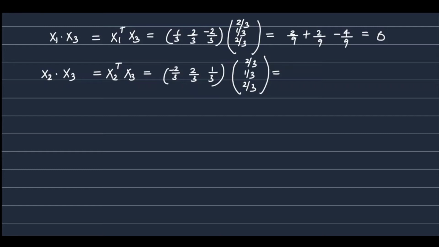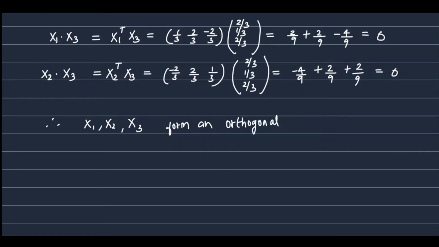Again, when we do the multiplication, we get minus 4 by 9 plus 2 by 9 plus 2 by 9, which is again equal to 0. So we got that x1, x2 and x3 form an orthogonal set.